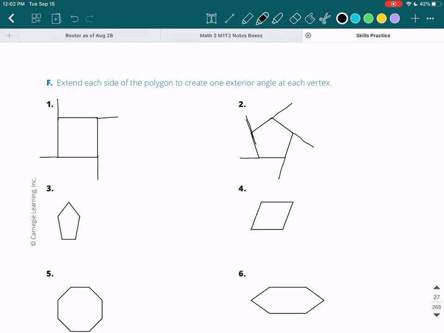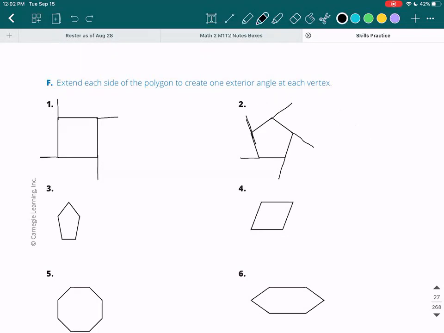So let me show you something that's wrong. Do not have 2 lines coming out of the same corner. That is wrong. You only want one of your lines. So for me, I chose this one.